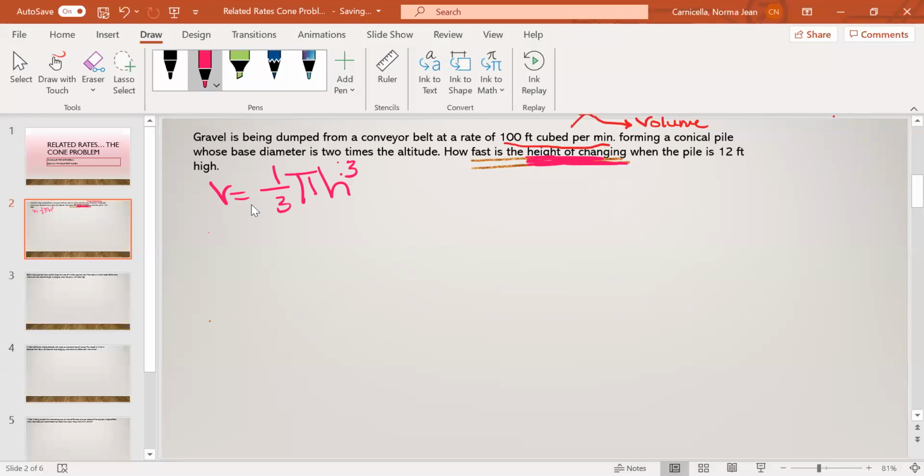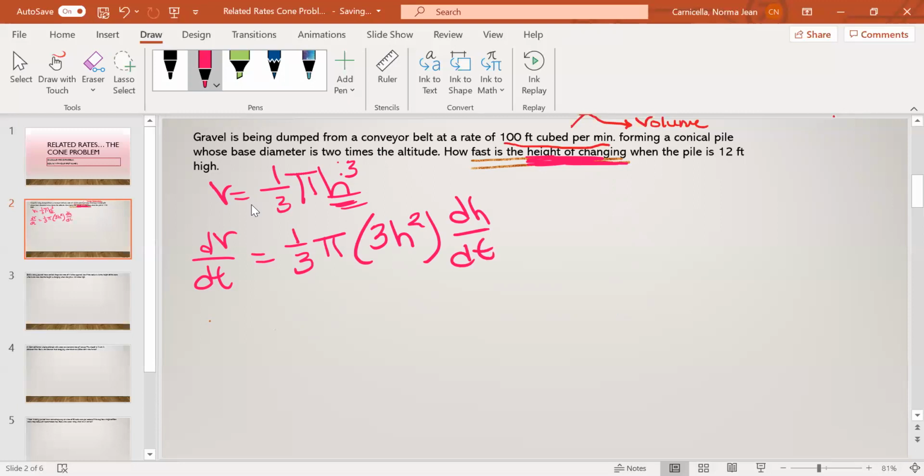And that's going to give me dV/dt is equal to 1/3 pi times 3, because I have to take the derivative here. So it's going to be times 3h squared, but we're taking the derivative with respect to time, so it's dh/dt.